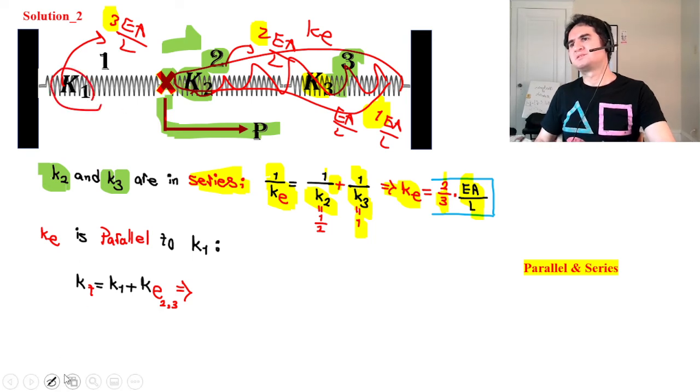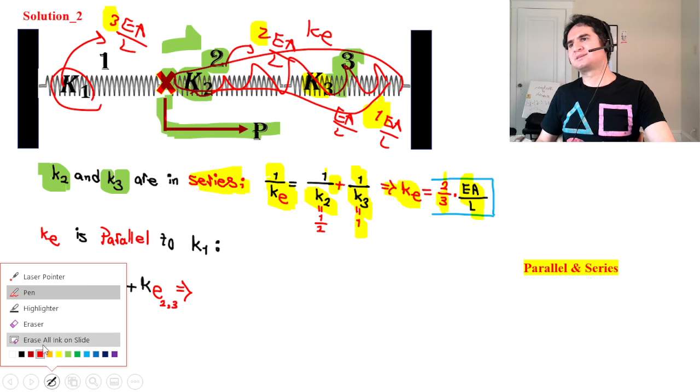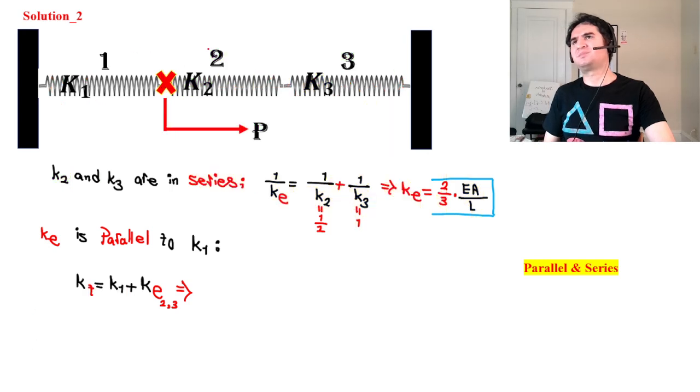So again, you can consider 2 and 3 like an equivalent spring. Due to loading, if one part moves, for example, 0.2 inch to the right, the other one should follow. So delta remains the same.